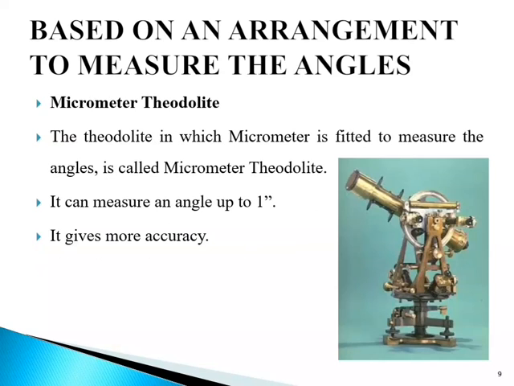Next is the micrometer theodolite. The theodolite in which a micrometer is fitted to measure the angles is called a micrometer theodolite. It can measure an angle up to 1 second. It gives more accuracy. So you can see its image here.